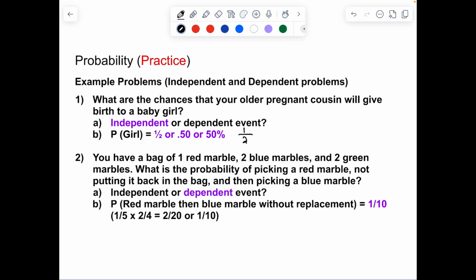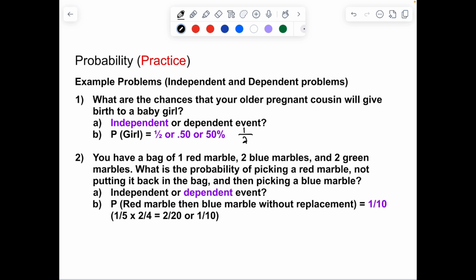For question 2, we have a dependent event because we are not putting the marble that we drew from the first pick back into the bag. Okay, so we are going to have probability of the second draw be dependent on the first draw.